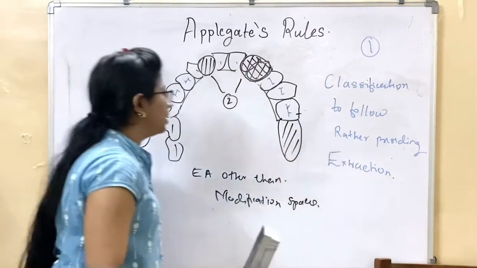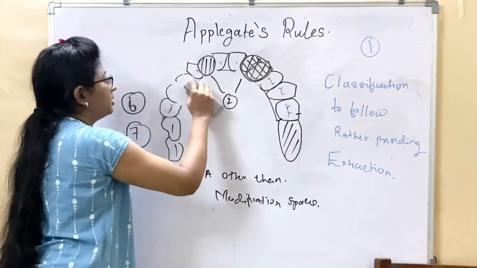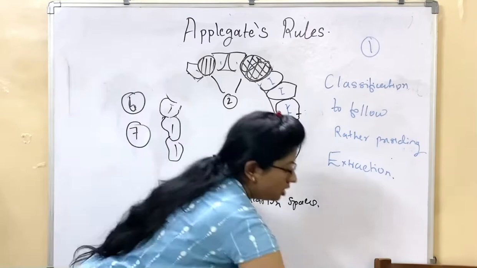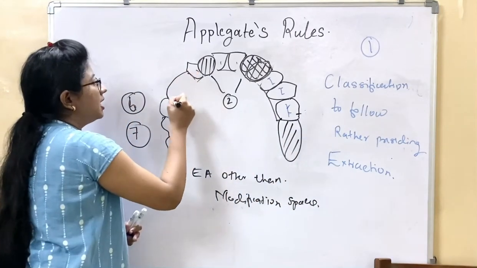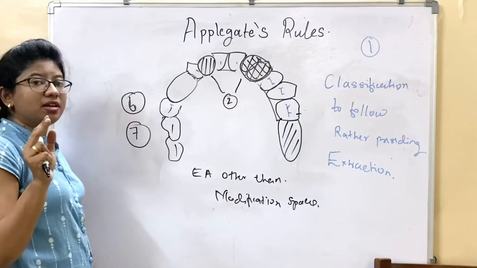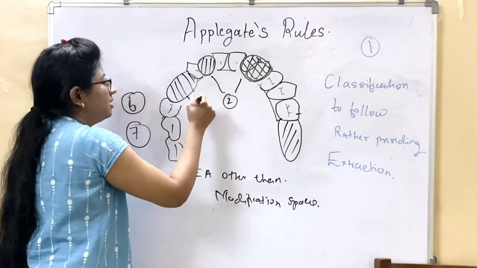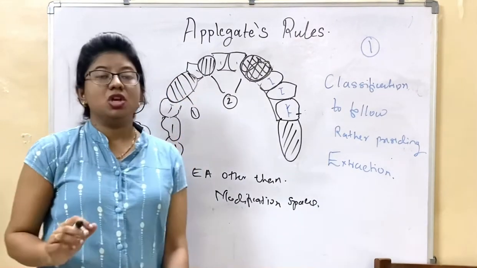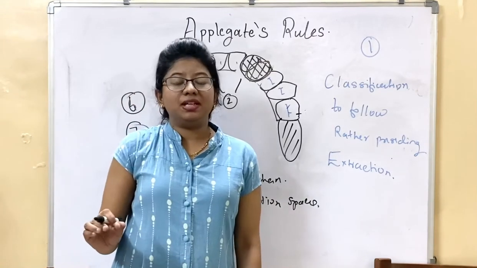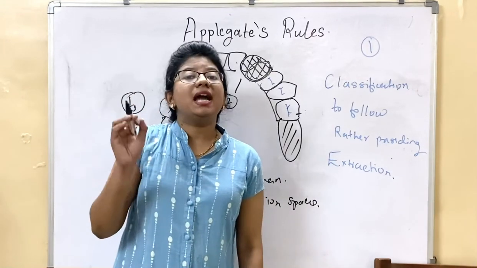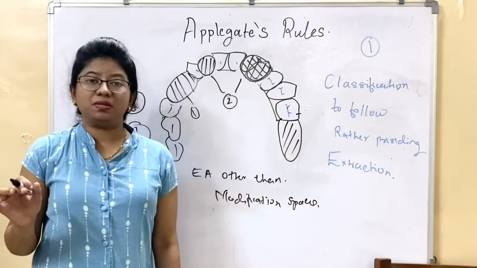For example, these two teeth are missing here. The area is not considered as two missing teeth. It is a single area considered in the form of a modification. So not the number of missing teeth, only the extent of the modification must be considered.